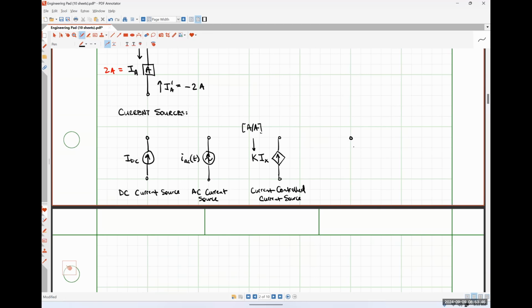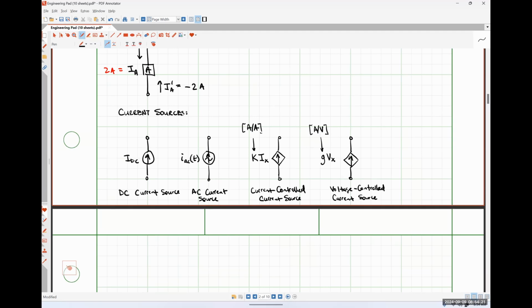And we also have a voltage controlled current source, where our scaling factor has a symbol of G. And so we're going to have G times Vx, where our scaling factor has units of amps per volt.